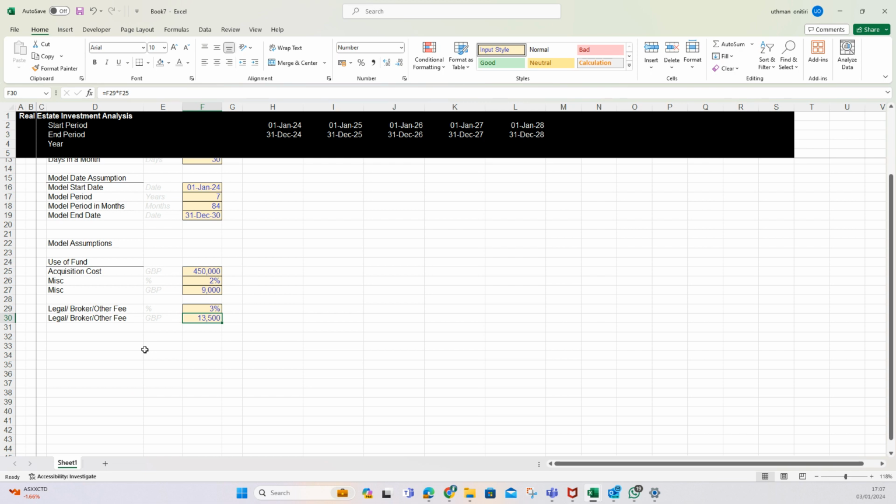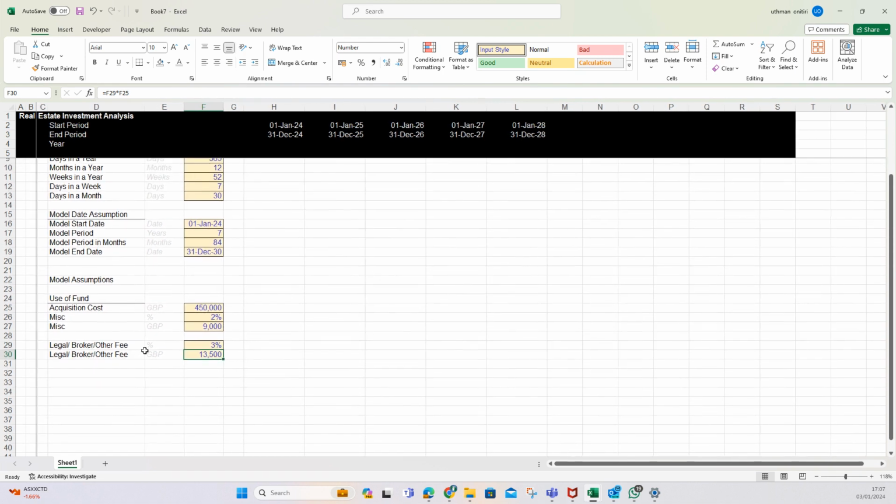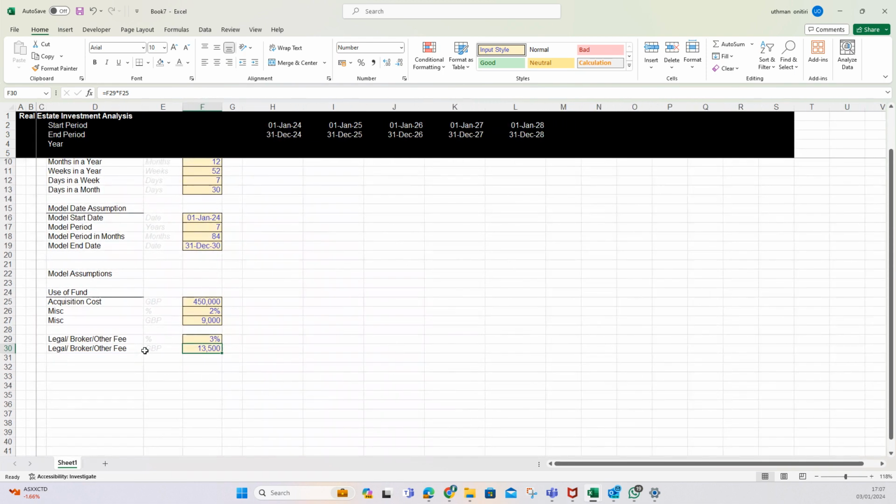So we've got this. Then what other thing can you think of? Probably tax or something. You can always put that in the model, just the same way I have done, to come up with your own use of fund. But let's just keep it simple.